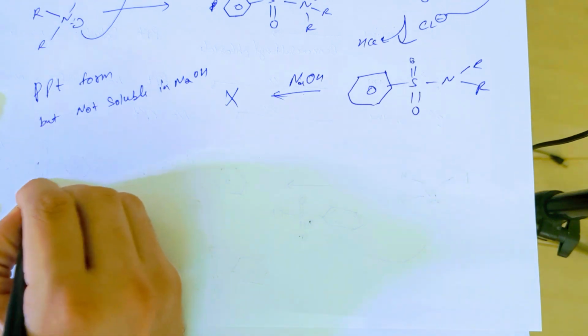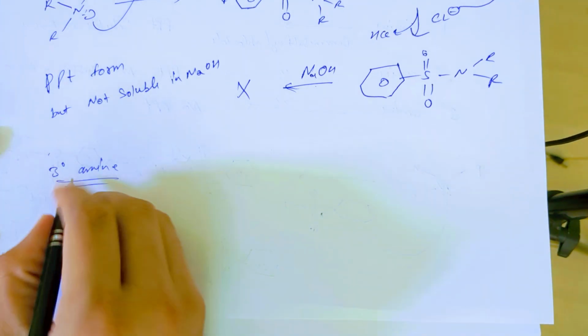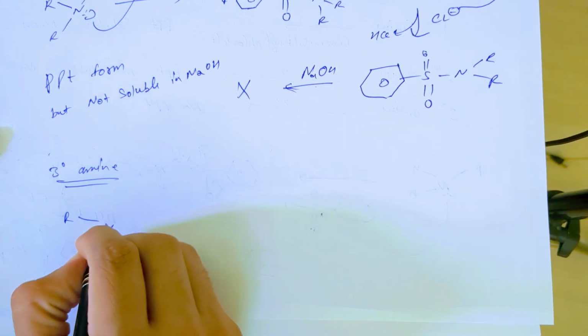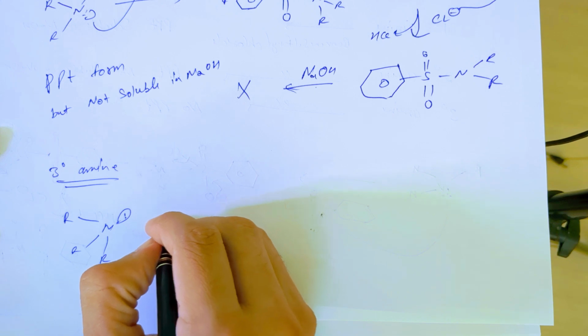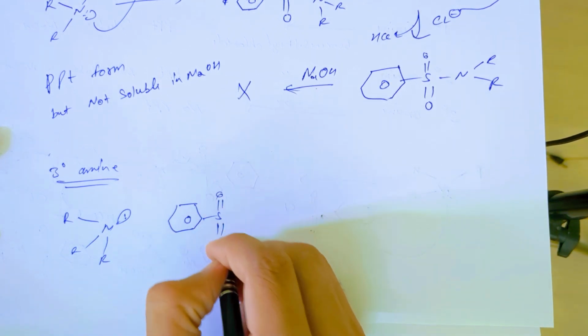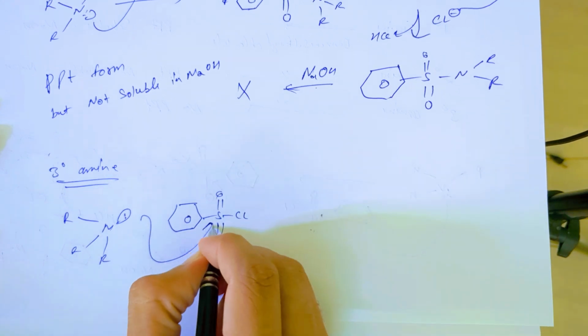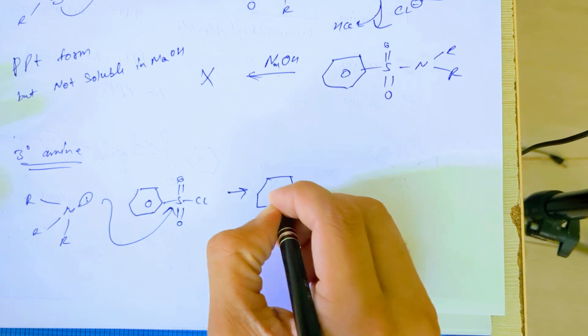Now let's see the tertiary amine mechanism. If we use tertiary amine, there will be no hydrogen, and when it reacts with benzene sulfonyl chloride, it can attack on the sulfur, but there will be no product. Why?